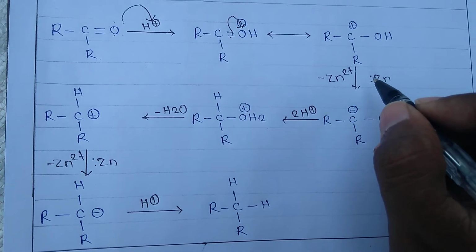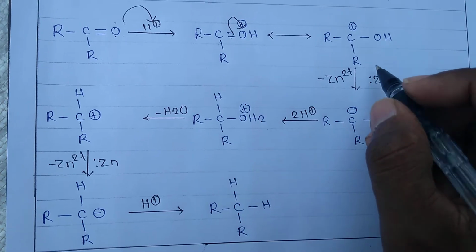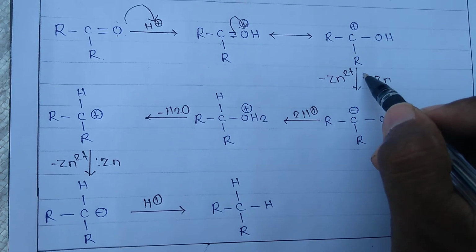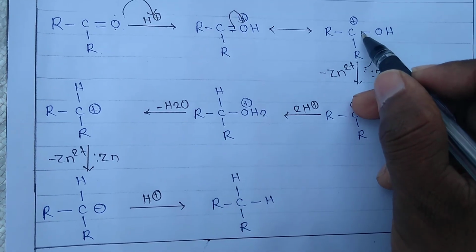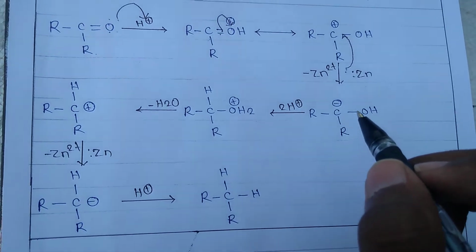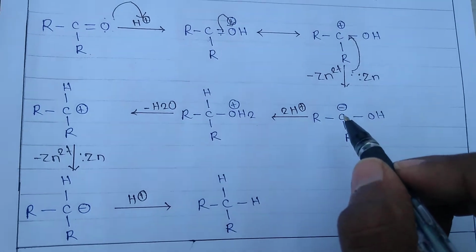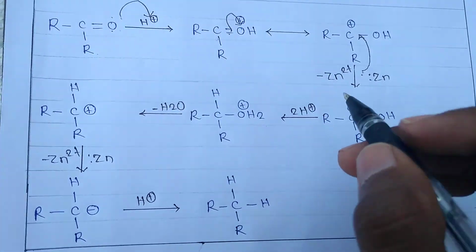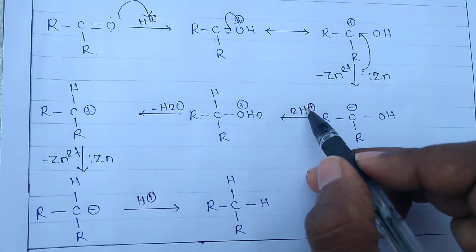Then the lone pair of zinc, the electron of zinc, shifts here and the formation of carbanion takes place, R, C minus and OH. Here 2H plus.